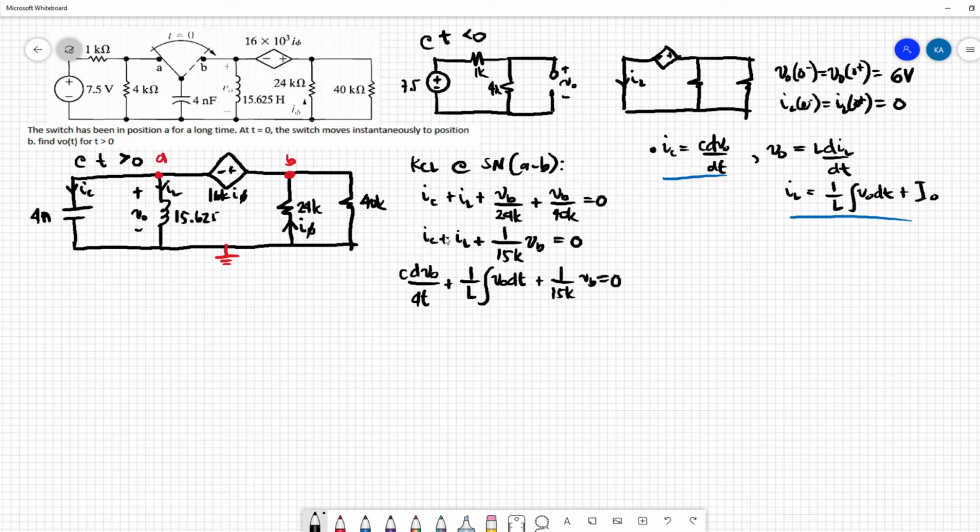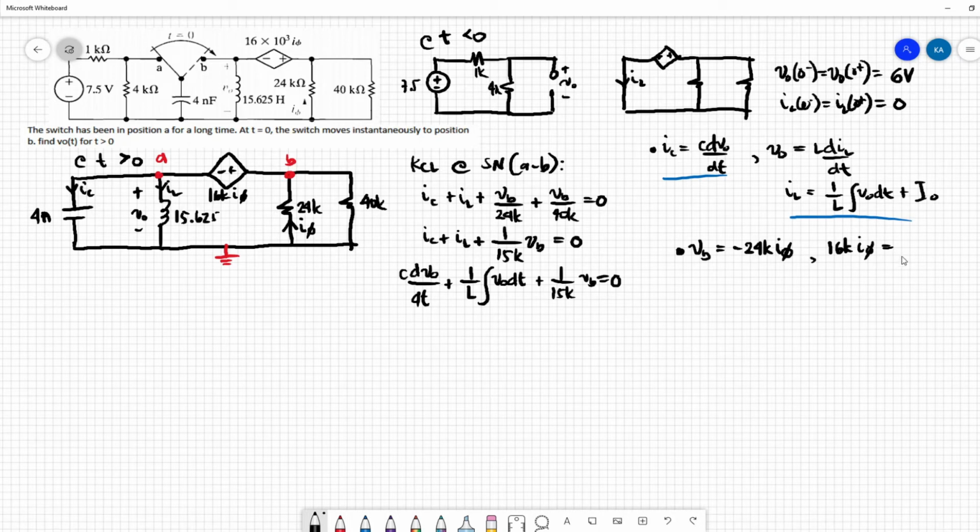Now looking at the circuit, by Ohm's law, VB is equivalent to negative 24k i phi. Looking at the supernode, our dependent source 16k i phi is equivalent to VB minus Vo.